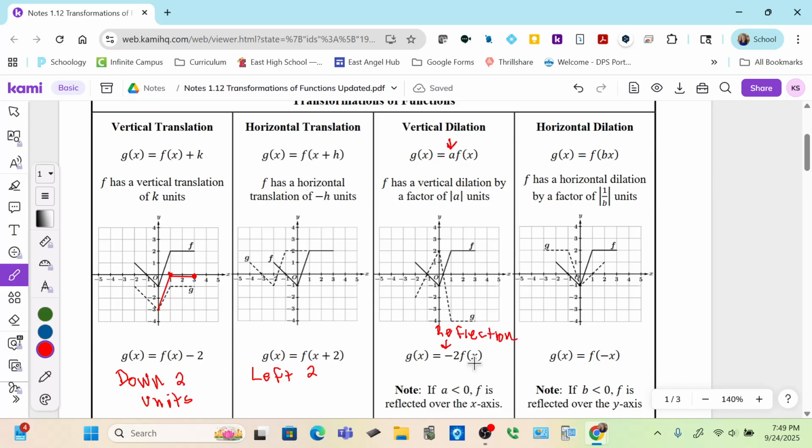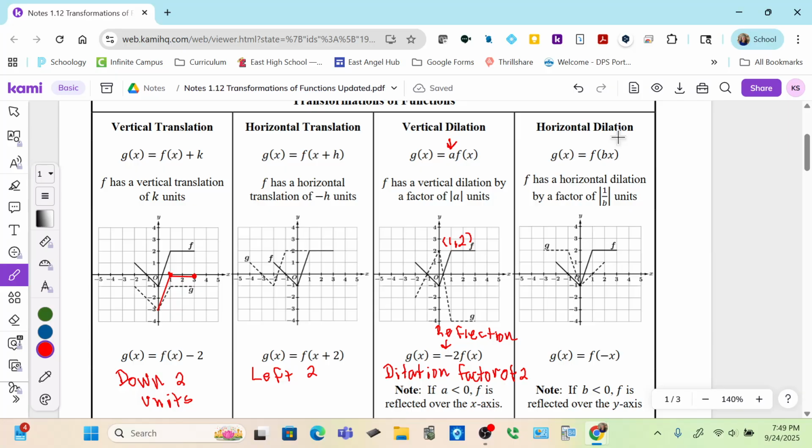The 2 tells me that I have a dilation. So they're showing 2 things with this particular graph. So I can reflect this point right here, which is at 1, 2. When I reflect it, it would be down here at 1, -2. And I would take that y value times 2 and it would take me to -4. So I have the reflection and I have that stretch.